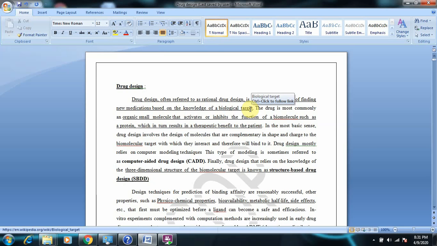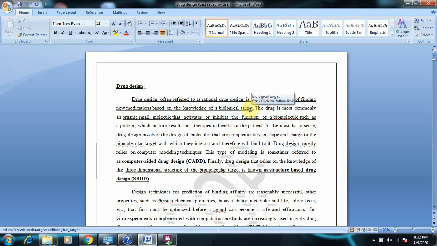So after the binding of the drug with the required biological target, what does it do? It may activate the enzyme or it may inhibit the enzyme. Similarly, it may activate a protein or inhibit the protein, so that the mechanism or the drug action pathway will be inhibited or activated. As we have seen, many drugs may act as inhibitors or they may act as activators.